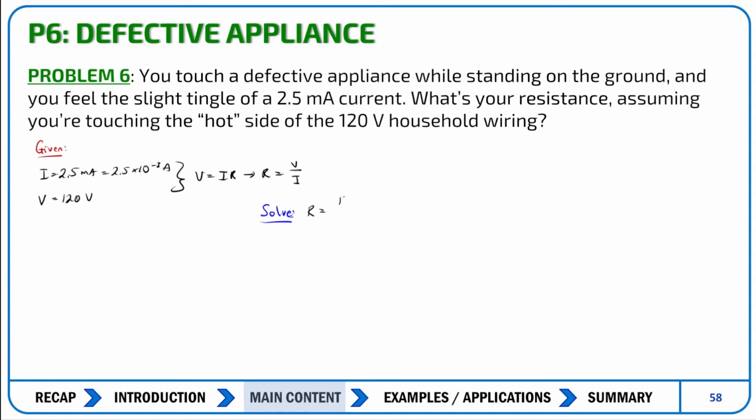R is equal to 120 volts over 2.5 times 10 to the negative 3 amps. And that gives us 48,000 ohms as our answer.